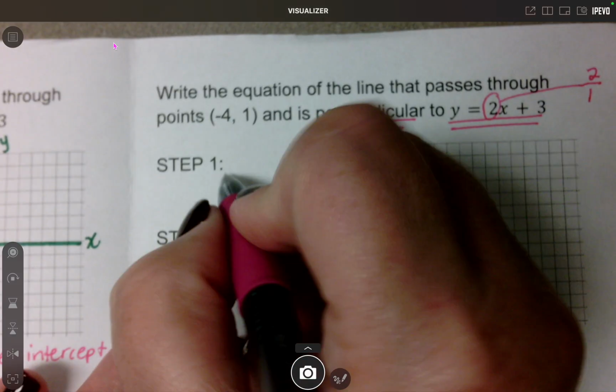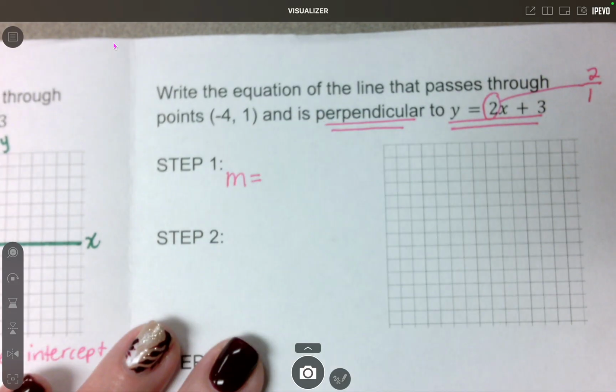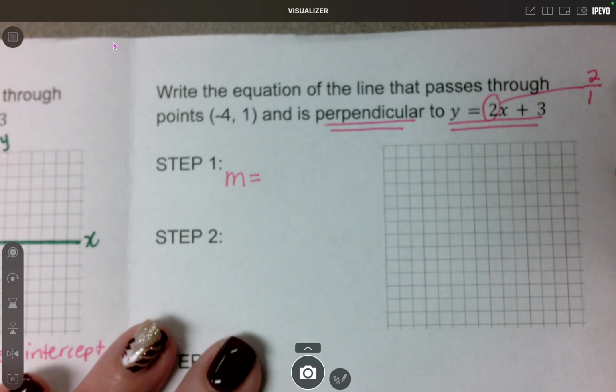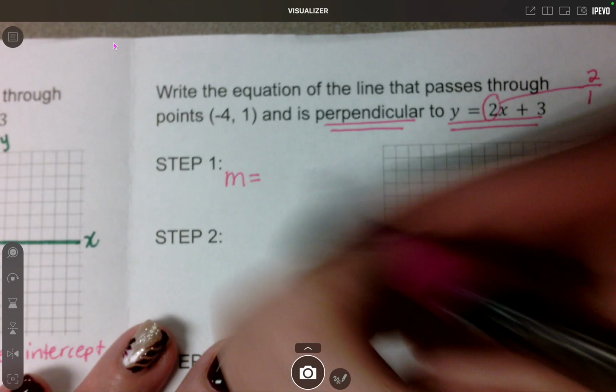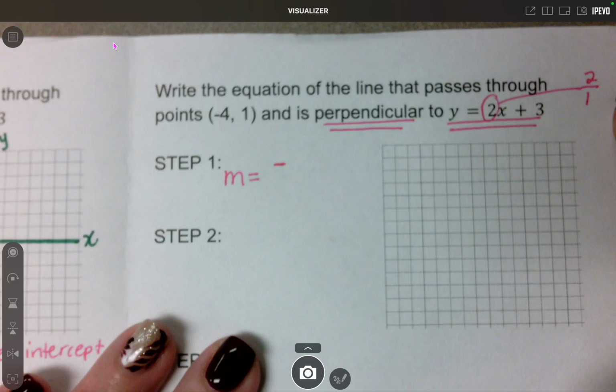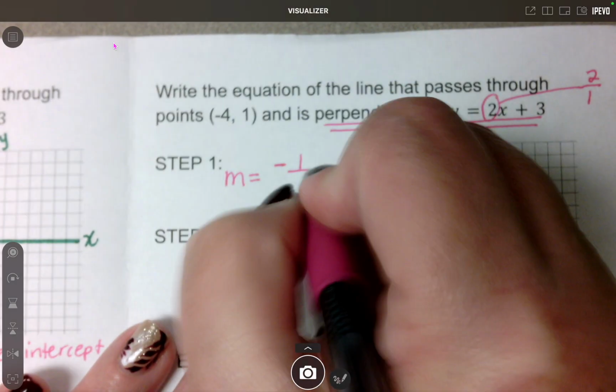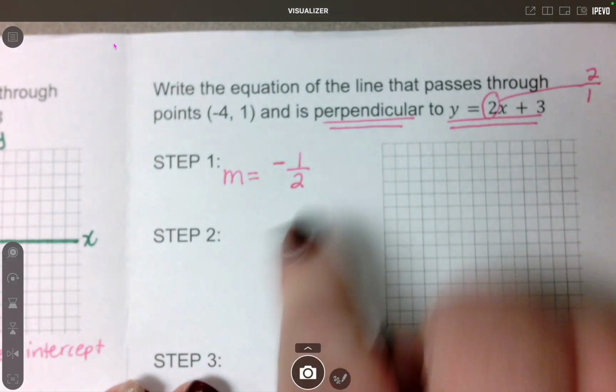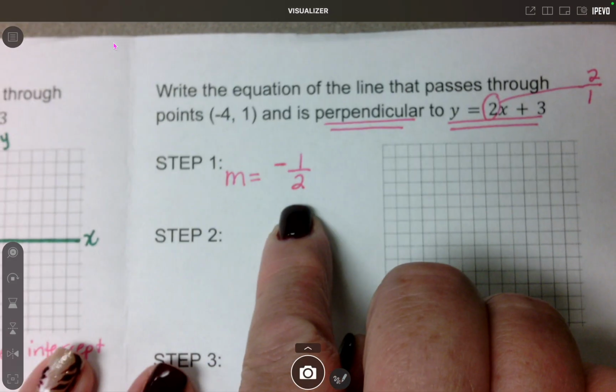So my slope for my line that's perpendicular needs to be the opposite. So this is positive right now, so it needs to be negative. And I also need to make the reciprocal, so I need to flip it over. So it becomes 1/2. So in my new equation, this is the slope that I need to use.